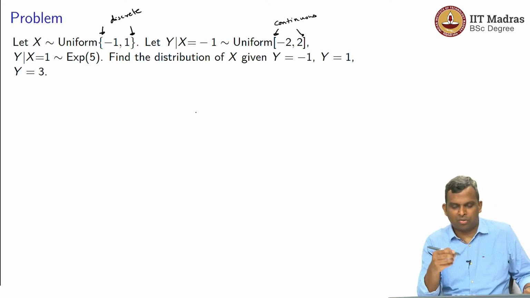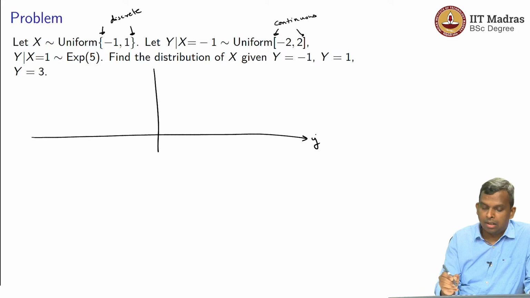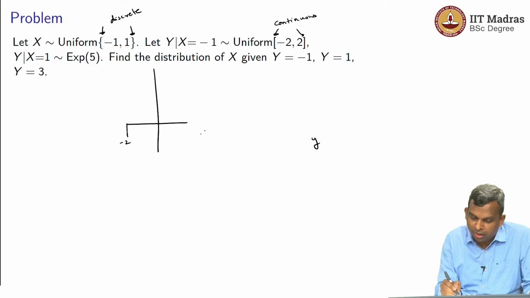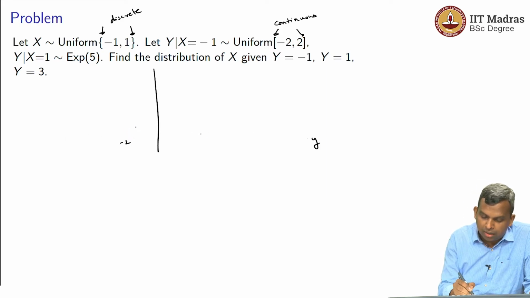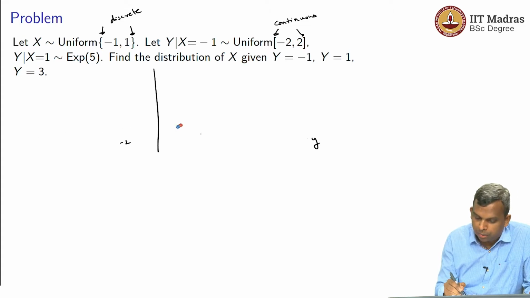I think it's sort of illustrative to plot them, plot the densities, the conditional densities at least, right? So you have -2 to 2 uniform, that's one density. Okay, so clearly you can see I've not drawn it properly, so let's draw it.